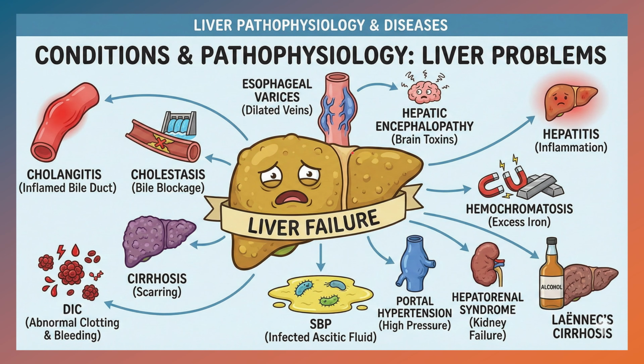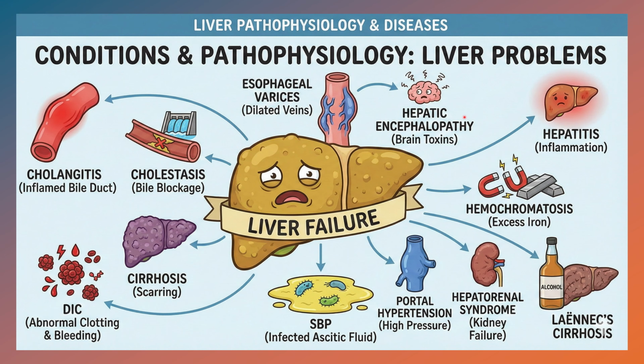The next one has to be H. So it's this one, hemochromatosis, a condition of excess iron buildup in the body and liver. Iron overload disorders causing liver and other organ damage.